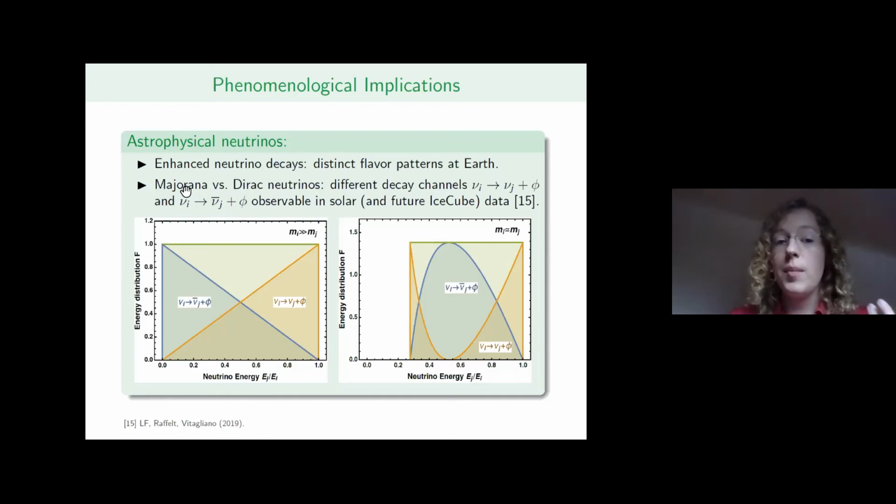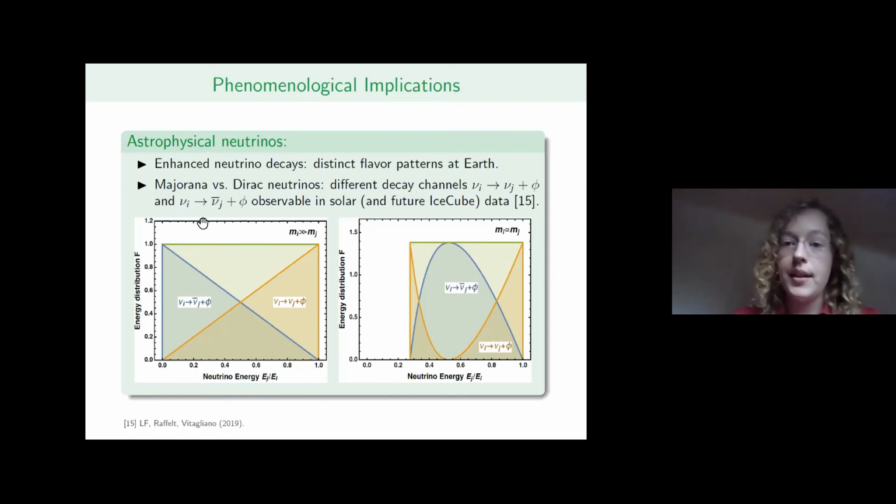But if neutrinos are Majorana particles, these neutrinos that are produced in the sun could convert into antineutrinos while they're traveling to Earth. And the decay time of the neutrinos is exactly at the threshold of the neutrinos traveling from the sun to the Earth. So this is precisely the distance at which these neutrino decays become relevant.